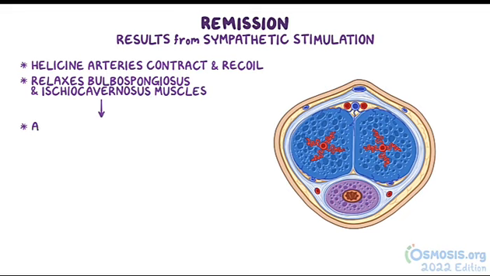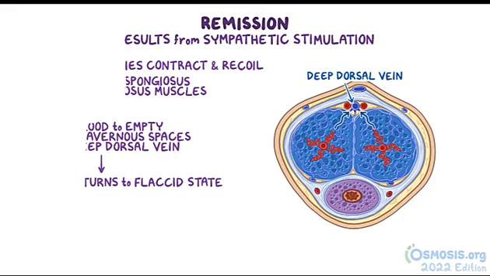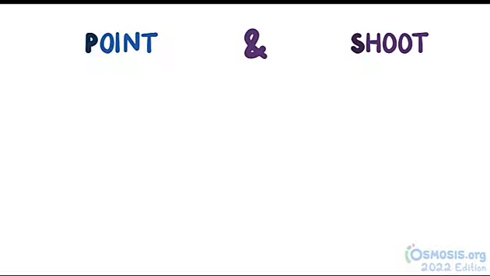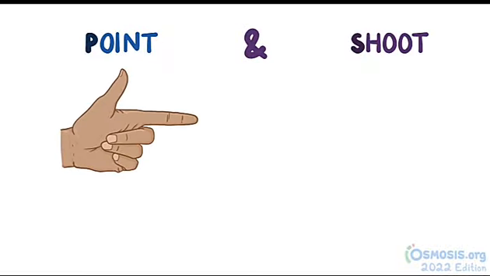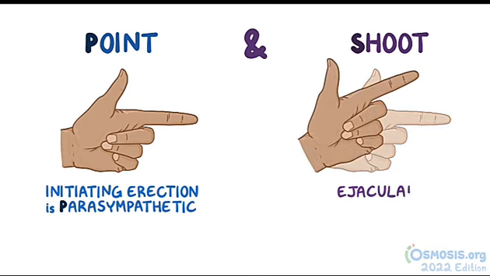These changes allow blood to empty from the cavernous spaces into the deep dorsal vein, and the penis finally returns to a flaccid state. Now, here's a study tip for you. The mnemonic point and shoot can help you remember that point, or initiating an erection, is parasympathetic, and shoot, or ejaculation, is sympathetic.